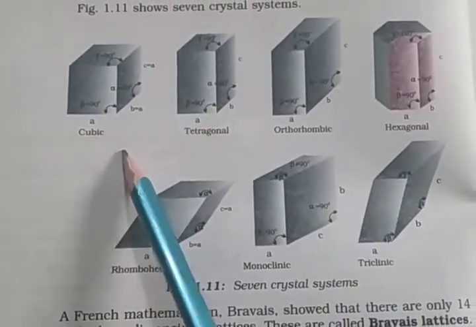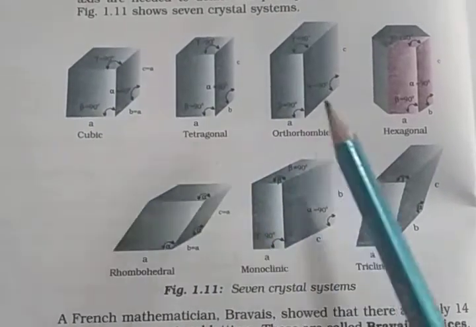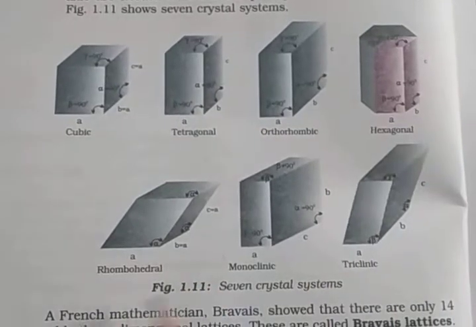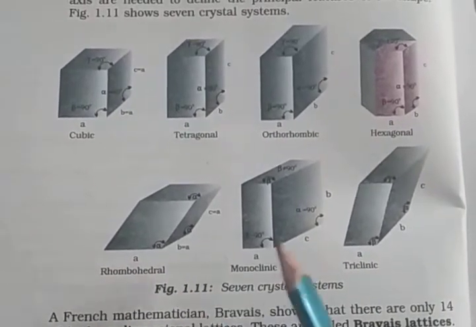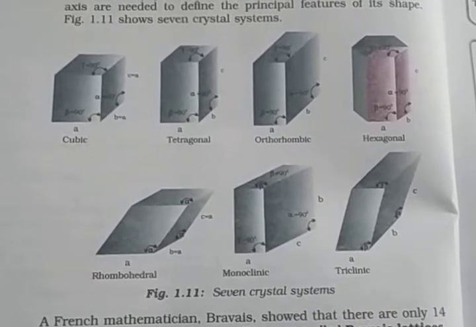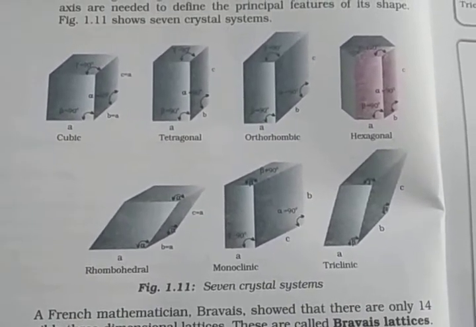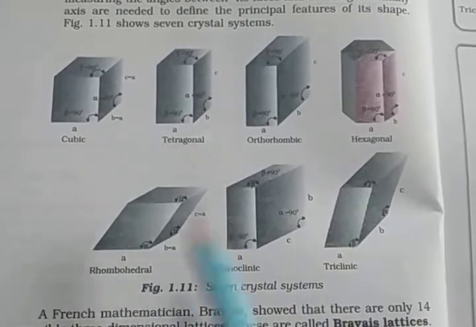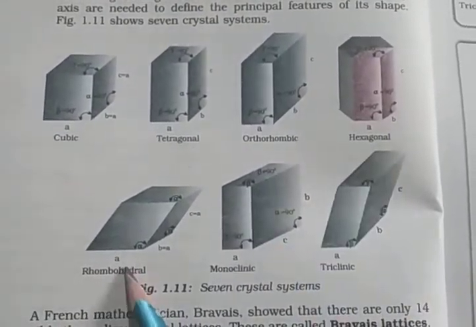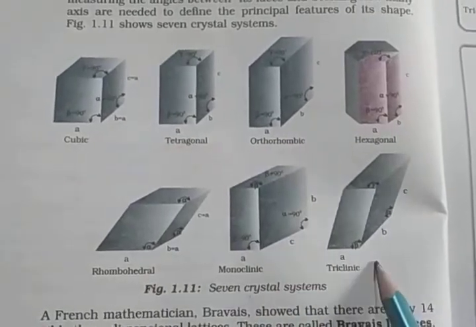First is cubic, second tetragonal, third orthorhombic, fourth hexagonal, fifth rhombohedral, sixth monoclinic, and seventh triclinic.